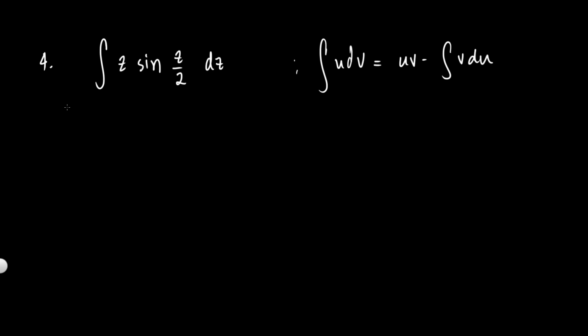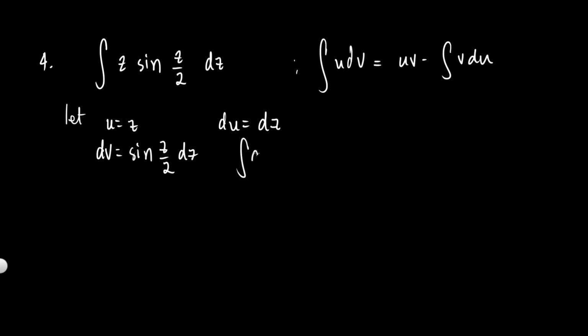So, if we let u equal z and dv equals sine z over 2 dz. So, du is equal to dz and v is, what is v? So, integral of dv equals the integral of sine z over 2 dz. So, v is equal to, what is the integral of sine?